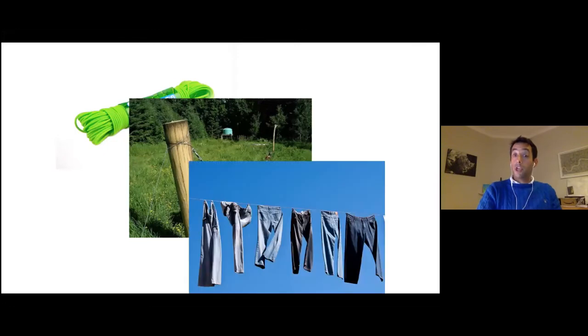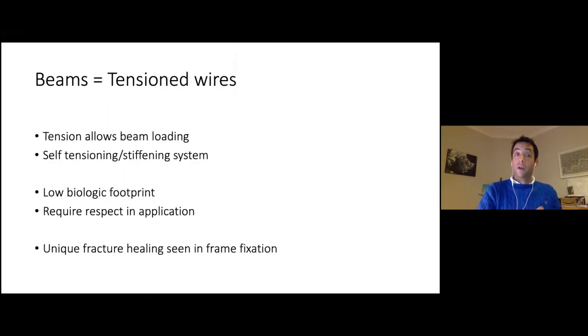But you pull it tight and that same clothesline, when under tension, will support several pairs of wet jeans, much, much heavier. So an object under tension will resist load and deformation. And that is the principle of how the fine wires work. They are very, very good at supporting the limb with a very small biologic footprint.